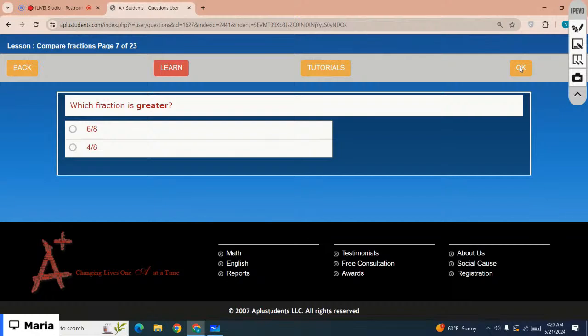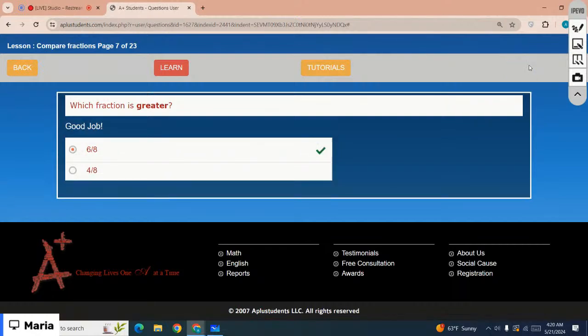Which fraction is greater? Yes, 6 by 8 is greater than 4 over 8.